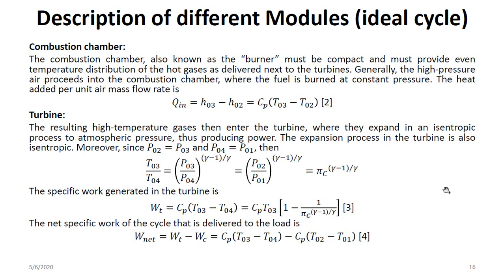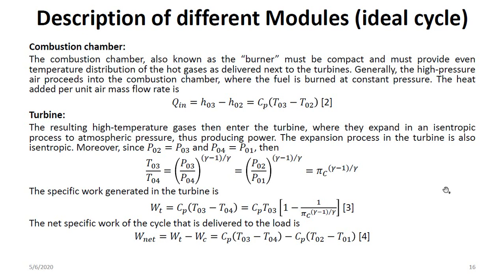And from here we can also, because we've assumed an isentropic relation, take the ratio of T03 over T04. So T03 is the turbine inlet temperature divided by the turbine exit temperature, and you divide by their ratios. Using this relation, you get the same relation and the specific work generated in the turbine.